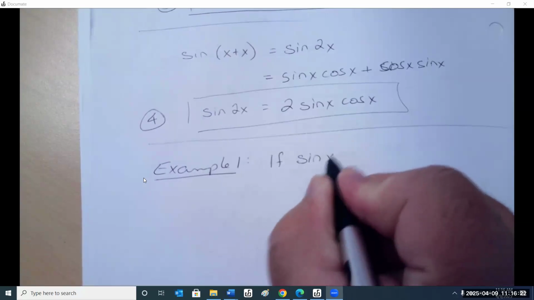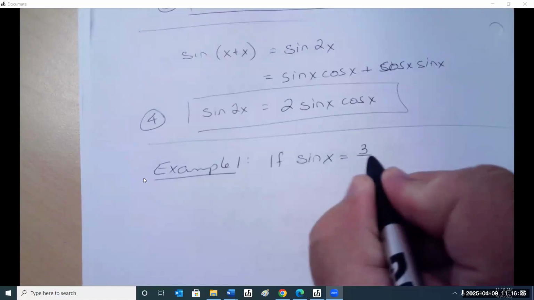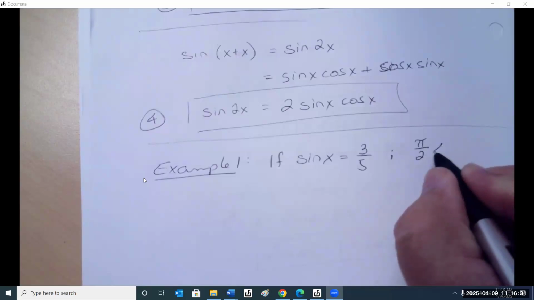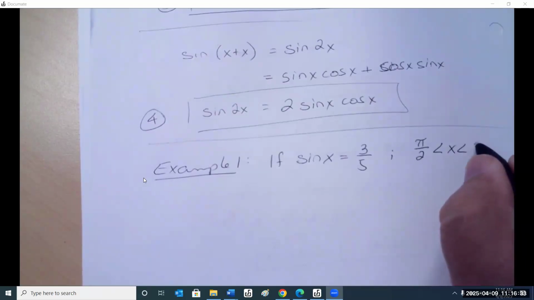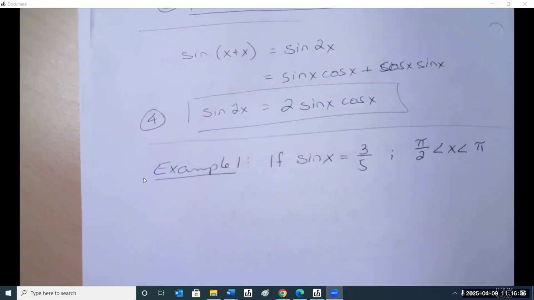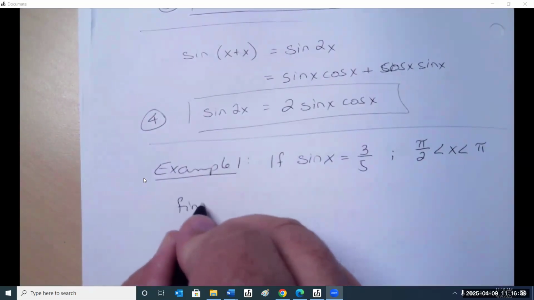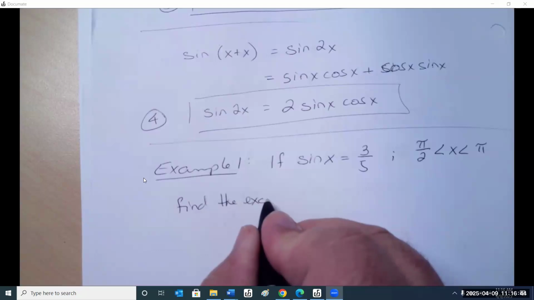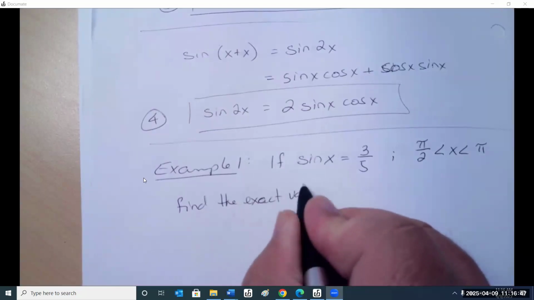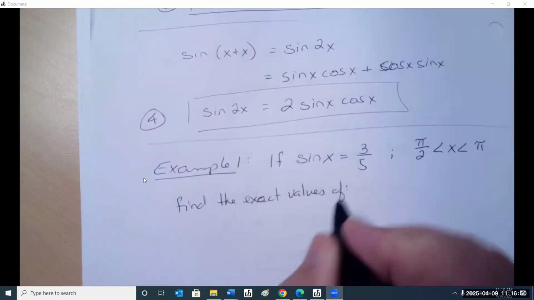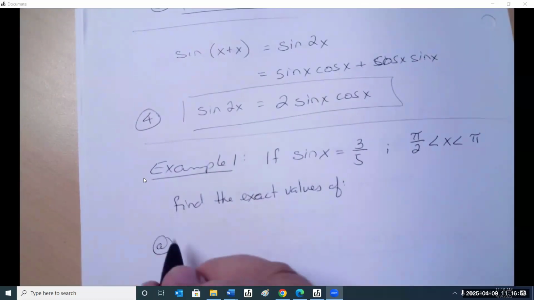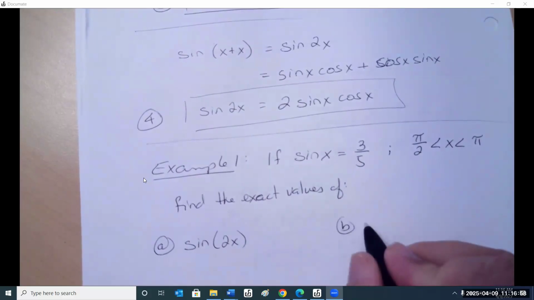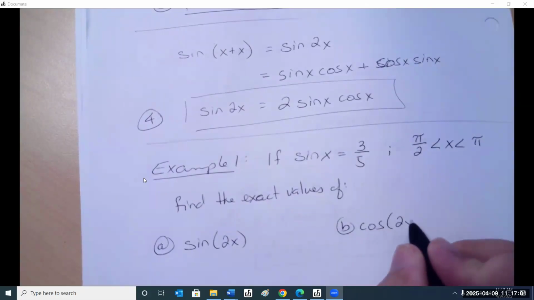If sine x equals 3/5, where x is between pi/2 and pi, find the exact values of sine 2x and cosine 2x.